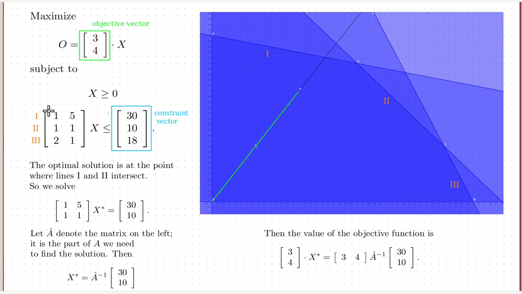And then in addition, we have three inequalities for each row of the constraint inequality. So row 1, row 2, row 3. I've labeled them I, II, III with Roman numerals. Here's the line where x plus 5y equals 30, and the first constraint says that x plus 5y has to be less than or equal to 30, so we shade down, and so on.